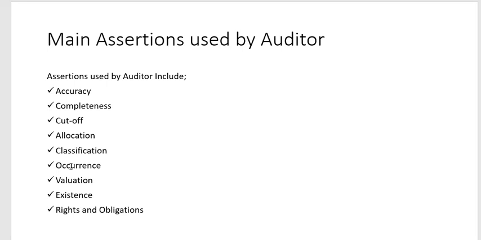The other assertions, accuracy, cutoff, allocation, classification, and occurrence, mostly focus on the statement of profit or loss. Even though some, like occurrence and completeness, can belong to both, mostly they belong to the statement of profit or loss. So we'll start looking at each one in detail.